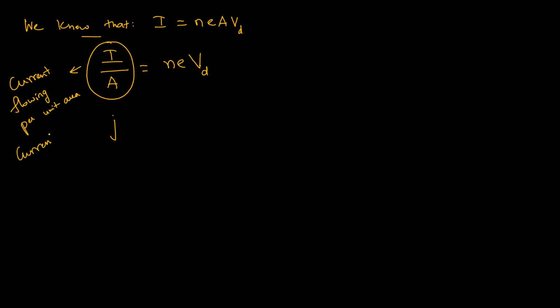So it's called current density. Am I clear with this? So this J will be equal to N into E into V D, right? It's going to be equal to N into E into V D. And remember, it is going to be a vector quantity.